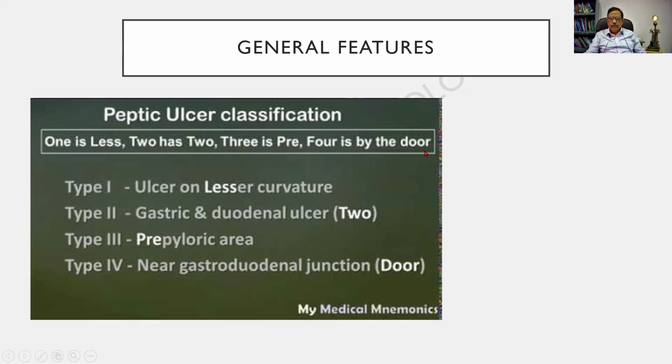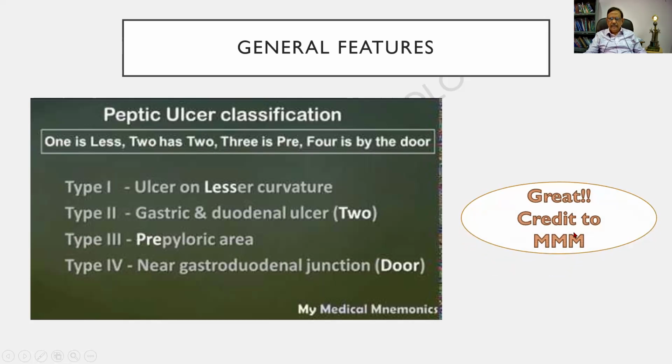And 4 is the door, which means near the gastro-duodenal junction. So this is a superb mnemonic I would like you people to memorize. And credit to Triple M, my medical mnemonics.